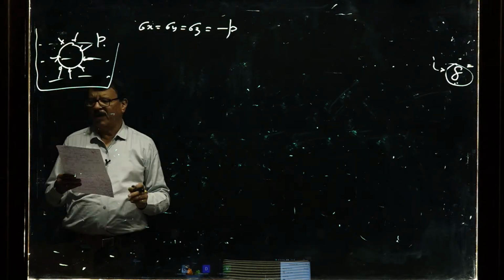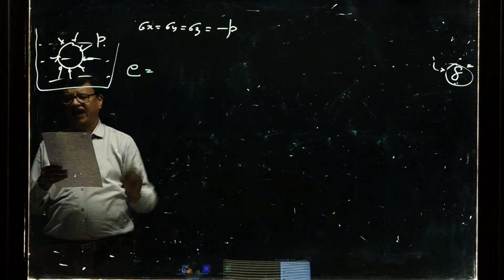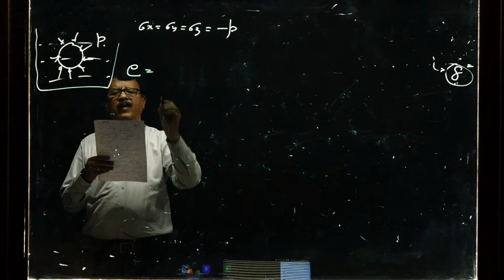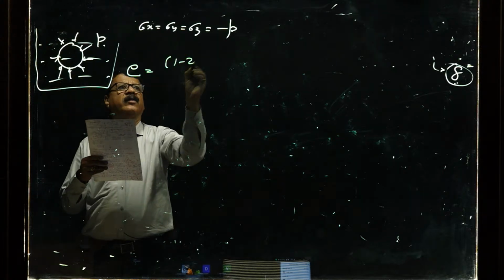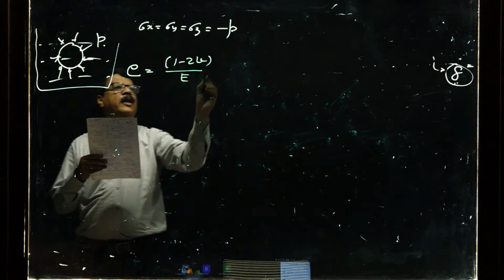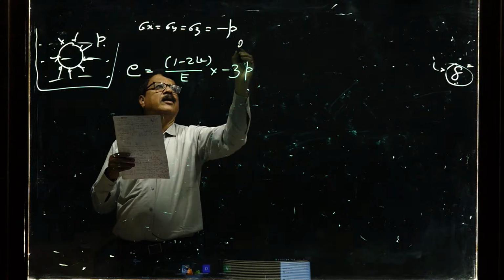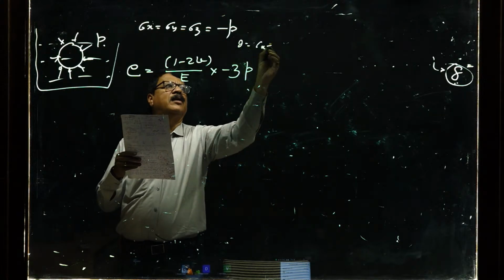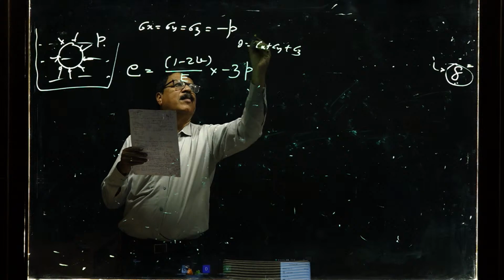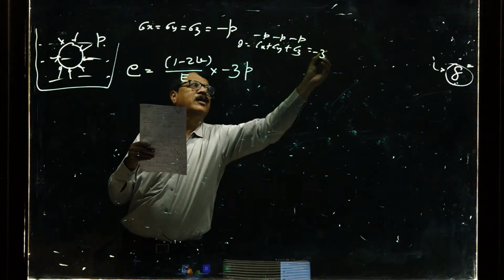So now put the value in equation 8, so you will get 1 minus 2 Poisson's ratio upon E, and theta is equal to minus 3p. Theta is equal to sigma x plus sigma y plus sigma z, minus p plus minus p plus minus p, is equal to minus 3p.